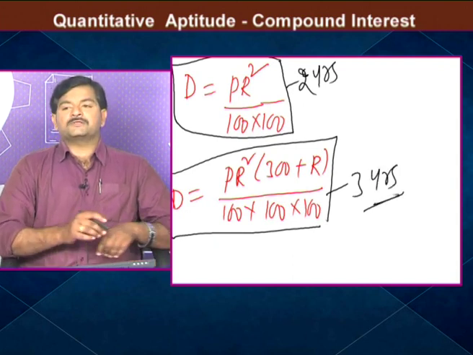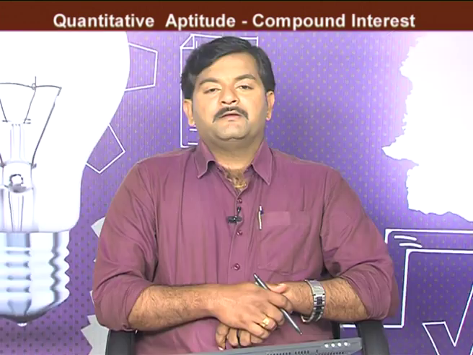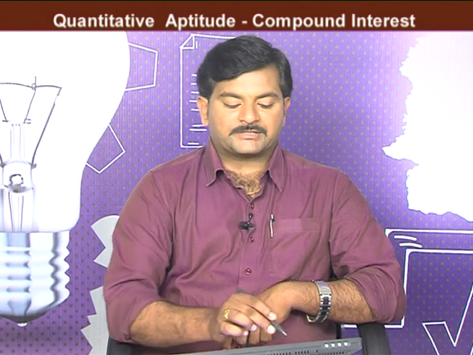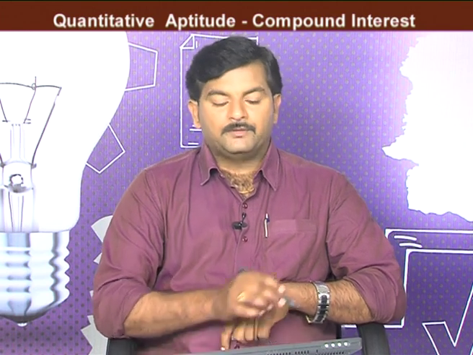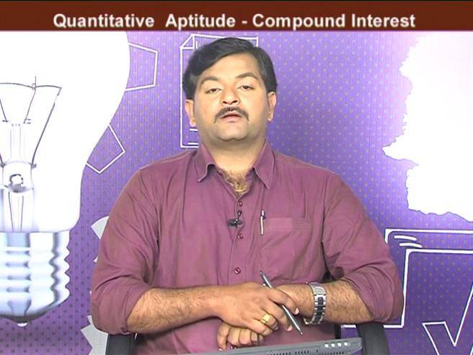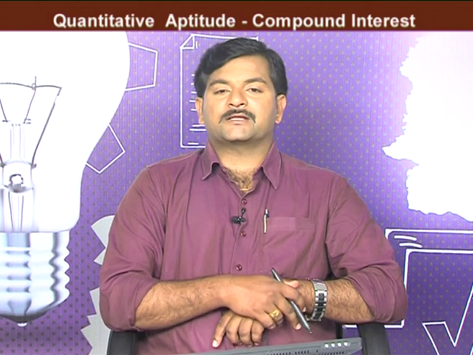What will you do by using this formula? By using this formula, we can find the difference between the simple interest and compound interest for 2 years as well as for 3 years.